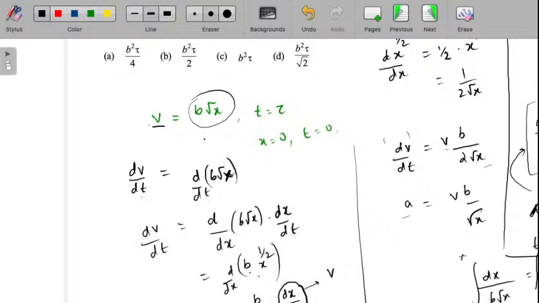Now we can understand the value of x is changing, like x equals 3 by 2b into t power 2 by 3, that is, 3t by 2b whole power 2 by 3.